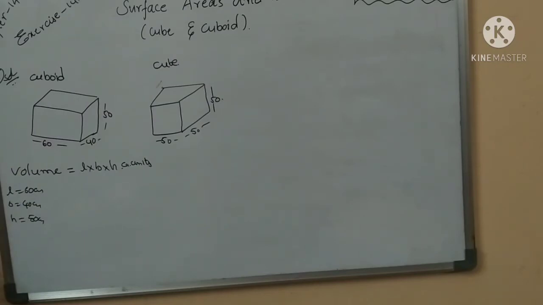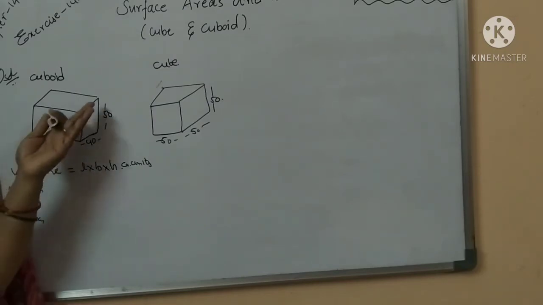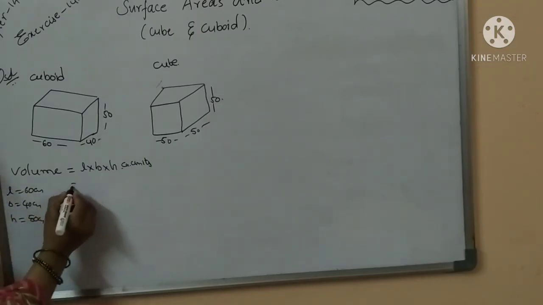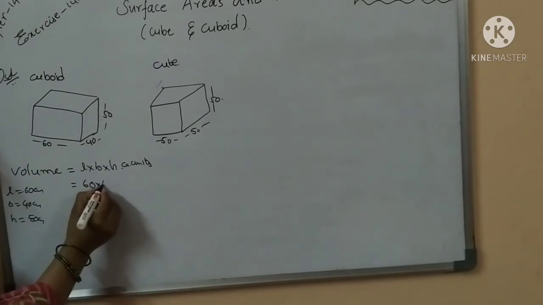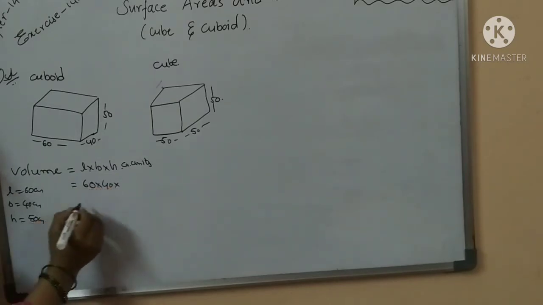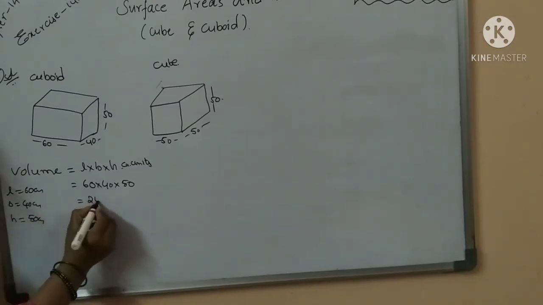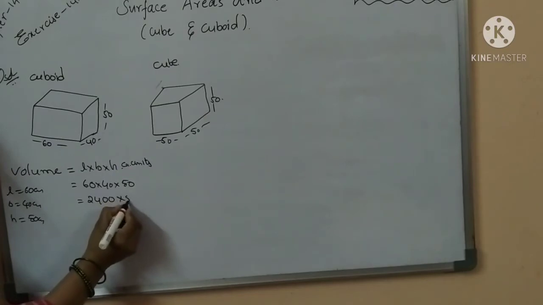So given the figure one, observe that it is a cuboid. We know that because the measurements given are different. So it is a cuboid. So volume of a cuboid, substitute the values. L is 60 into B is 40 into height H is 50. So 60 into 40: 6 4s are 24, remaining 2 zeros, here 50.